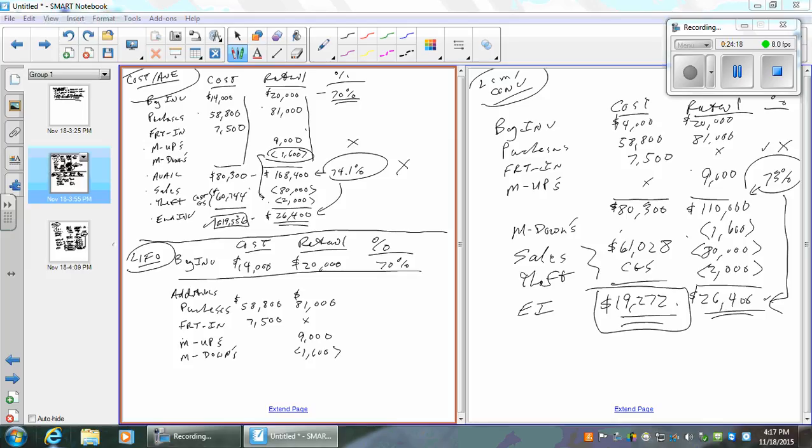Add them up. Now this is for the additions, right? So 58,800 plus 7,500 is how much? Total addition, 66,300. Okay. 81 plus 9 less 1,600.